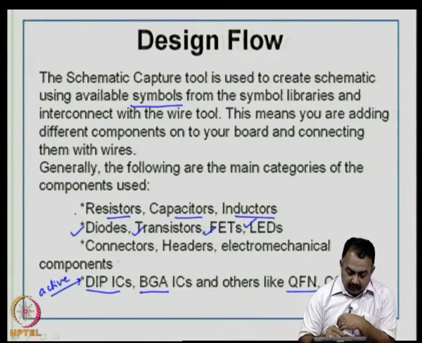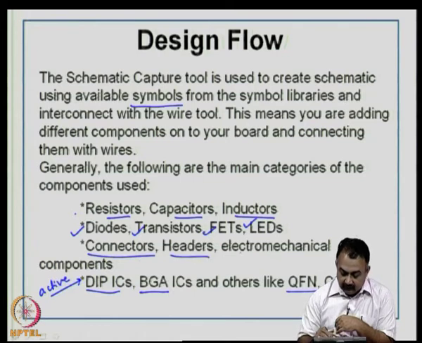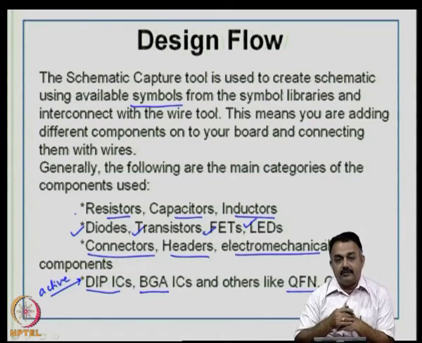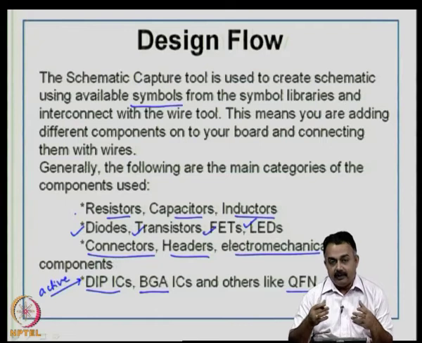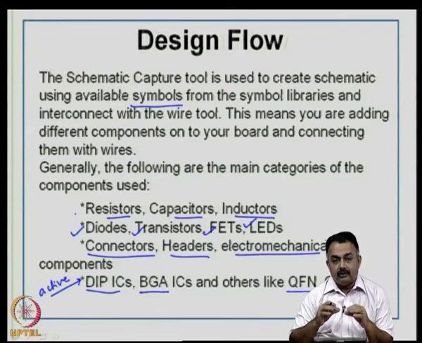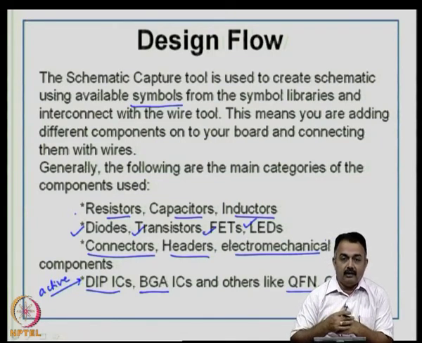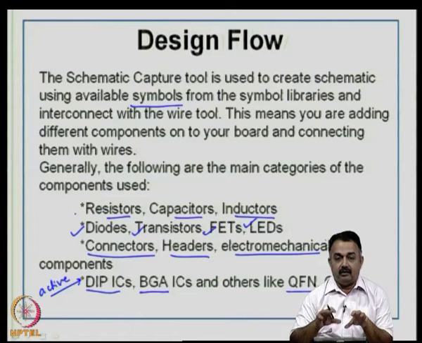Then comes the important world of connectors, headers and other electromechanical components, which will occupy a lot of space, and they also need to be placed in certain areas of the board which are very essential from the physical access during repair and rework and during normal use. In the case of connectors, you can't place a connector in the center of the board.